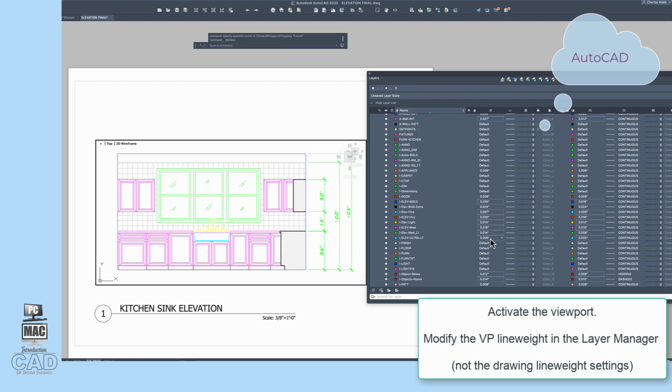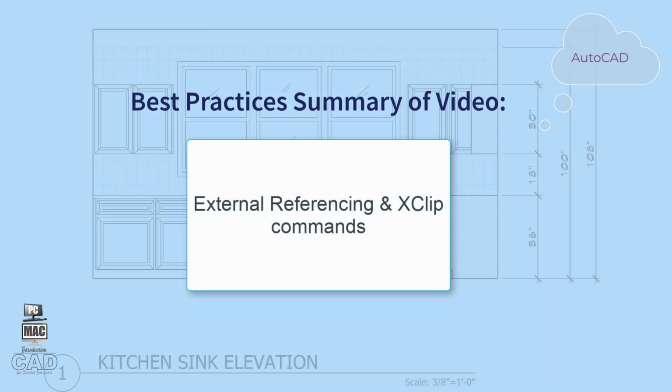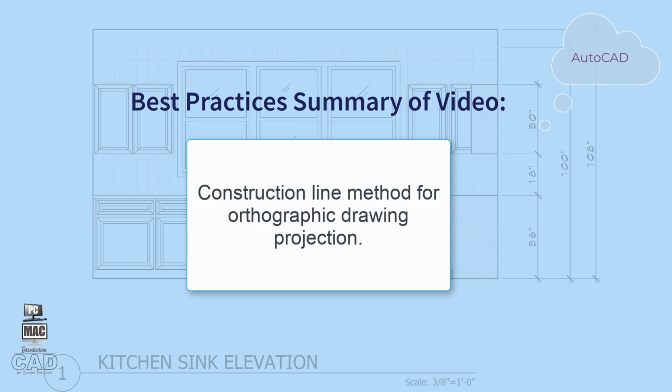Visual hierarchy and line weight diversity are concepts that are important to intermediate and advanced AutoCAD users and students. This concludes the video for best practices for interior elevation drawings, in which the topics covered included using the external reference command and XClip commands, using the construction line command to project object placement from the plan view drawing to the elevation drawings.